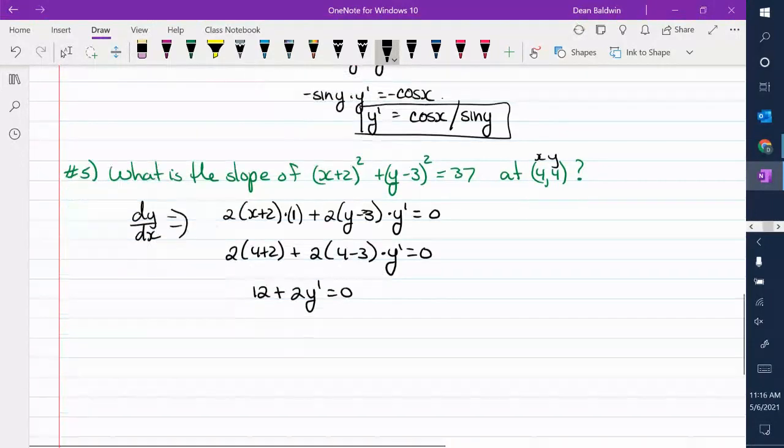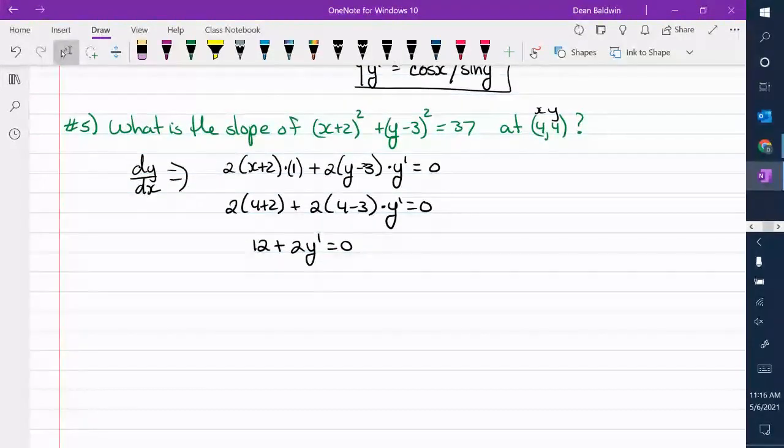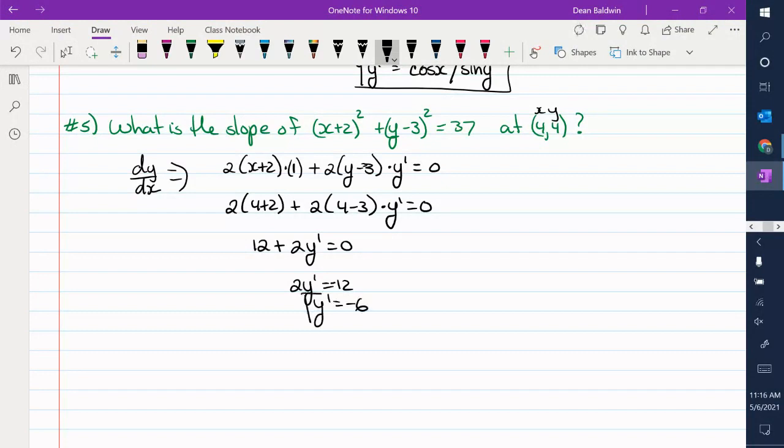And then you can solve for y prime because it's a lot easier. We've cleaned things up. So 2y prime is equal to negative 12. So y prime is equal to negative 6, which is your slope.